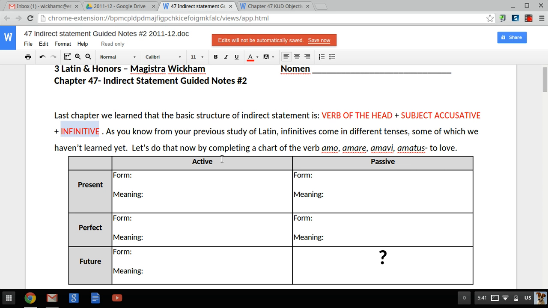As you know from your previous study of Latin, infinitives come in different tenses, some of which we haven't learned yet. Let's do that now by completing a chart of the verb amo, amare, amavi, amatus, to love. Last week, we reviewed our basic present active infinitives. So hopefully you can tell me that amare is our present active infinitive, meaning to love.